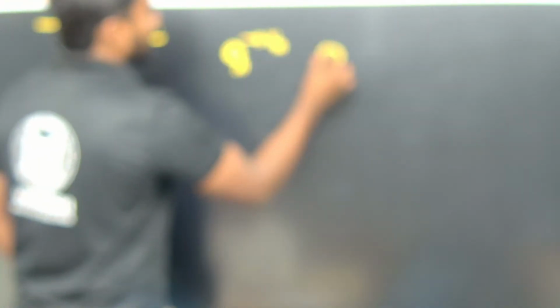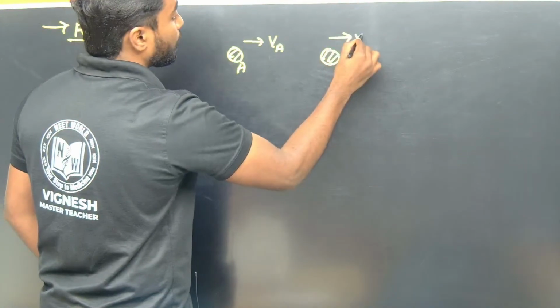You can copy down this. Relative velocity. If object A has a velocity VA and object B has a velocity VB.